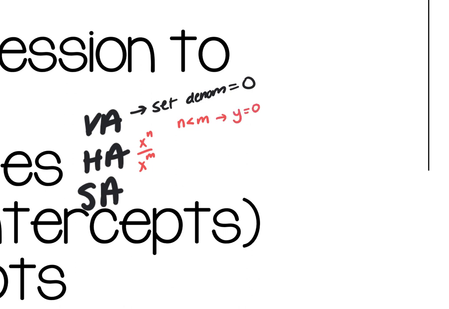And that has to have the y equals, just like your vertical has to have the x equals. If n is equal to m, then my horizontal asymptote is the leading coefficient of my numerator over the leading coefficient of your denominator. And if n is greater than m, there is no horizontal asymptote.